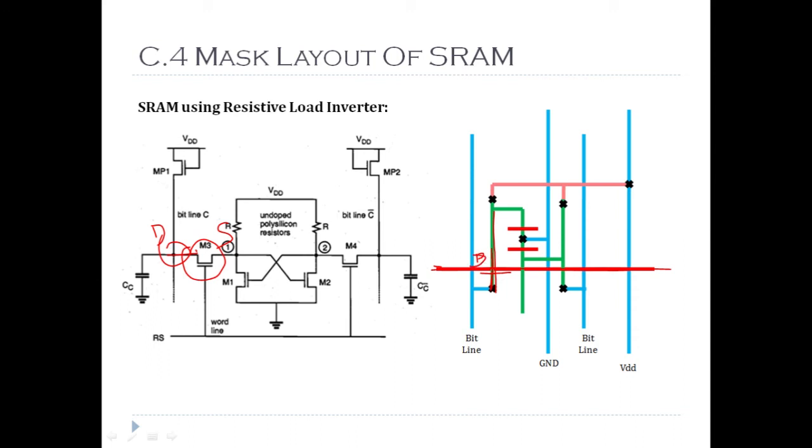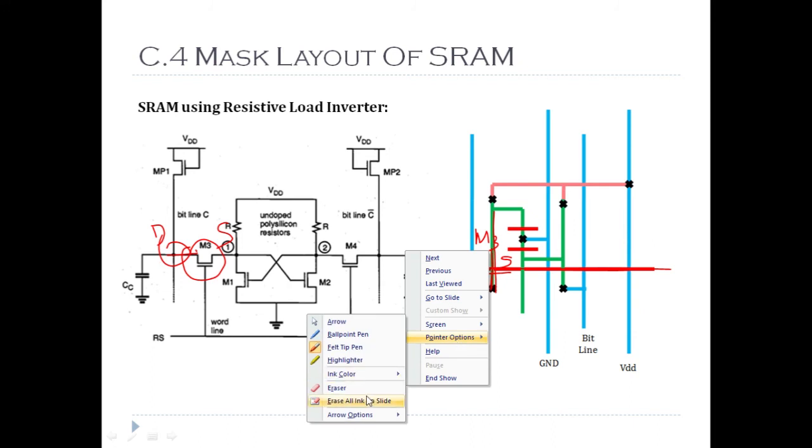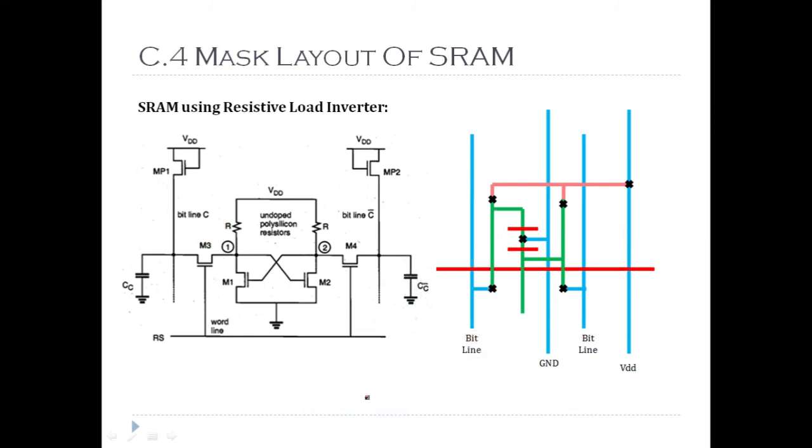So this is the drain of M3. This drain is connected to the bit line.